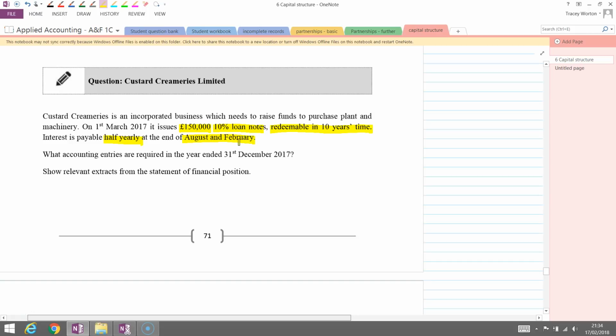So we need to draw up the accounting entries for the year ending 31st December 2017, and to also show the extracts on the statement of financial position.